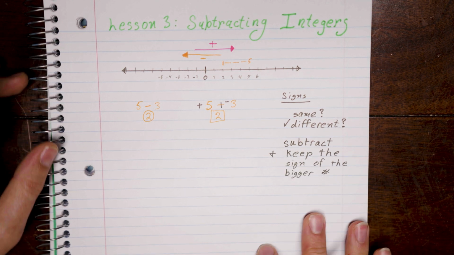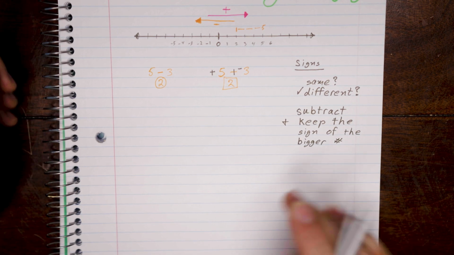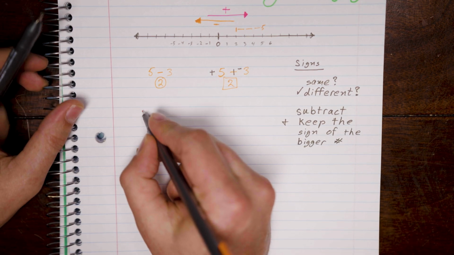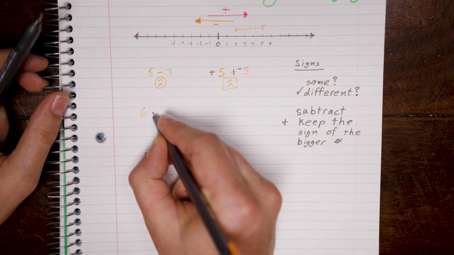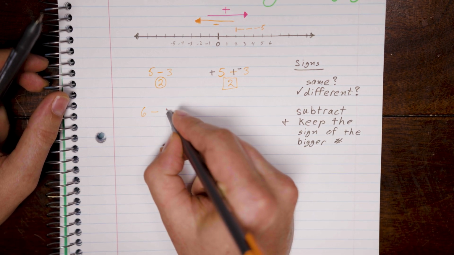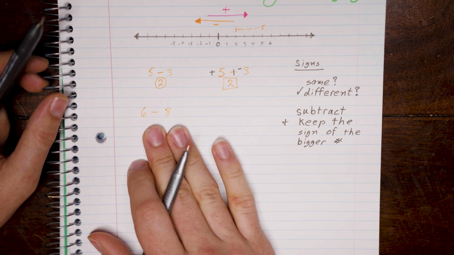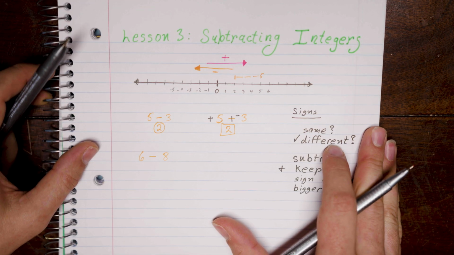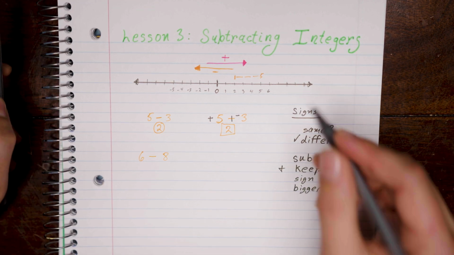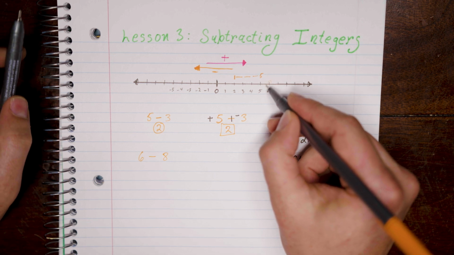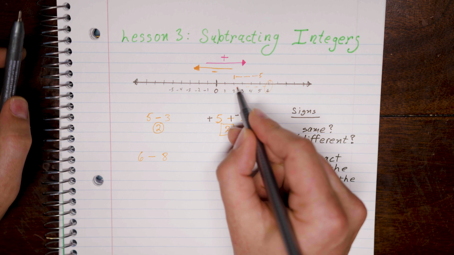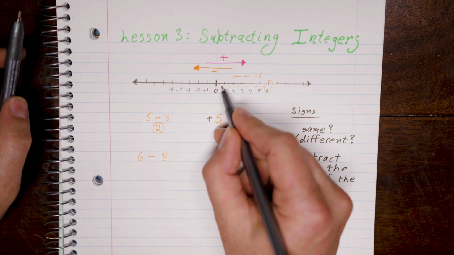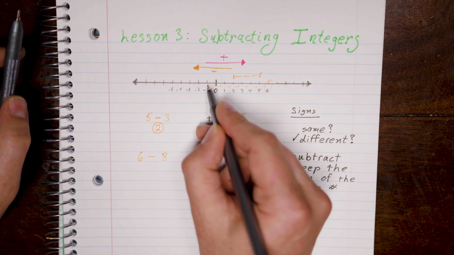Now, let's look at one that's a little bit less obvious, something along the lines of 6 minus 8. Again, if we're thinking about this on the number line, we would start out at 6, and then go back 1, 2, 3, 4, 5, 6, 7, 8.